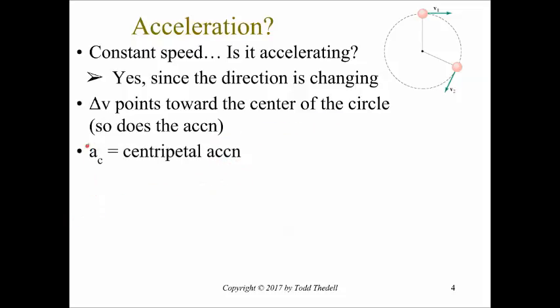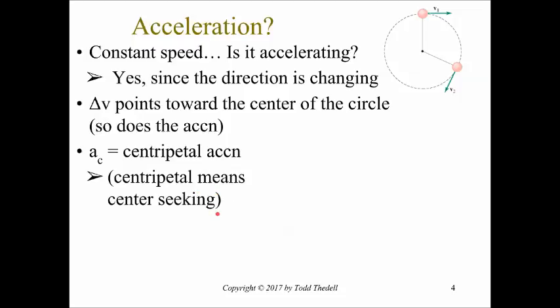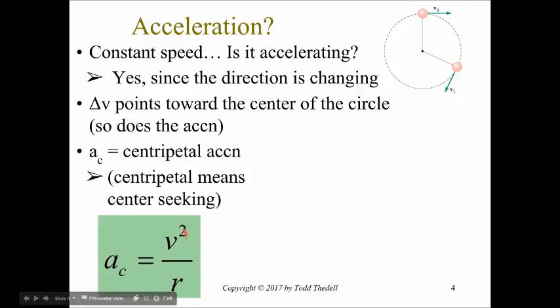We label this acceleration with the subscript c to indicate that it's centripetal acceleration. So that word may be new to you. Centripetal is defined as center seeking, and so the formula comes out to the centripetal acceleration is v squared over r.